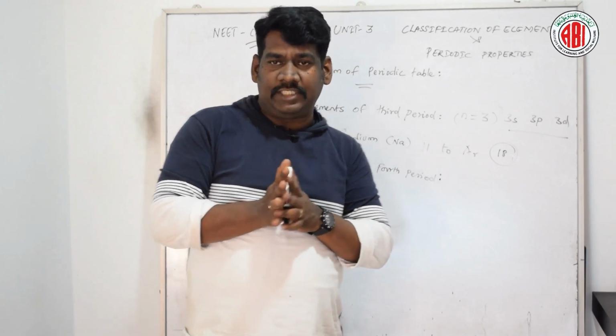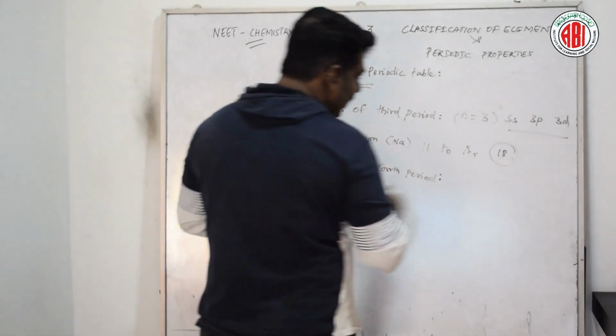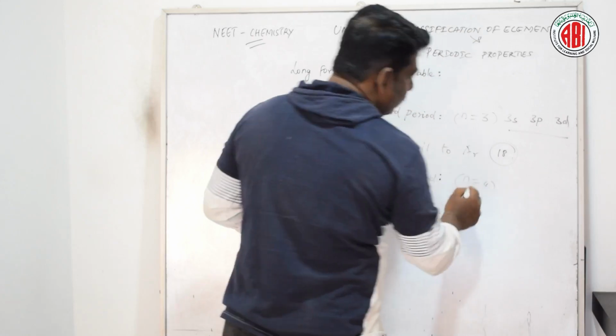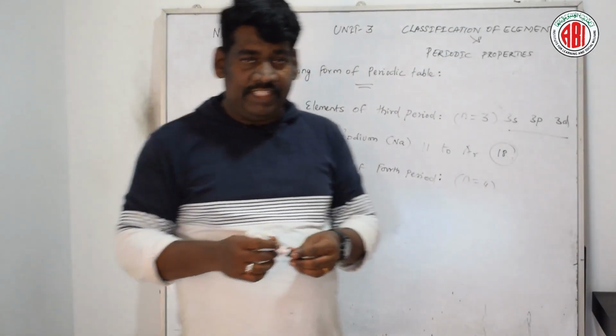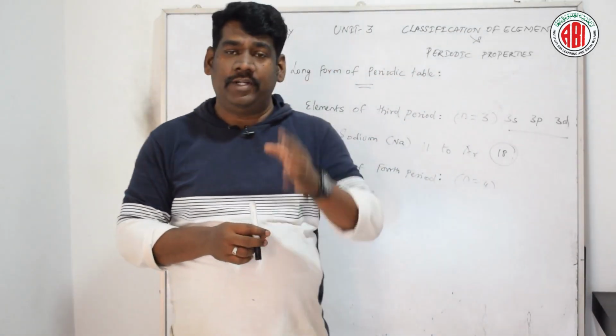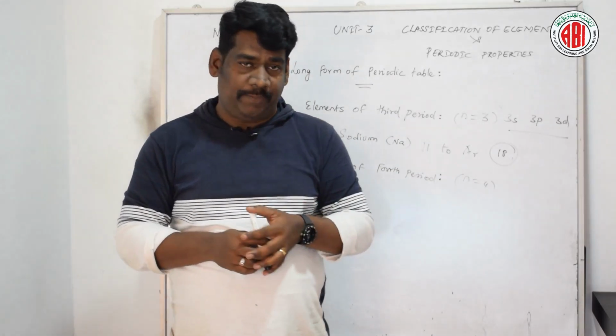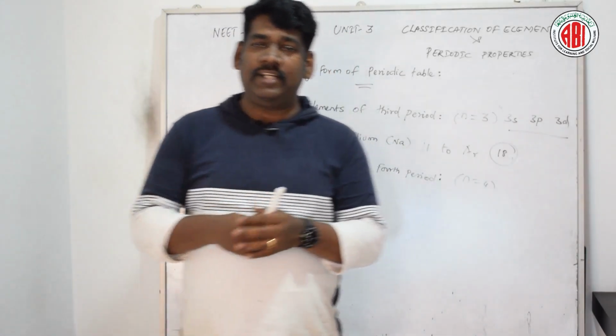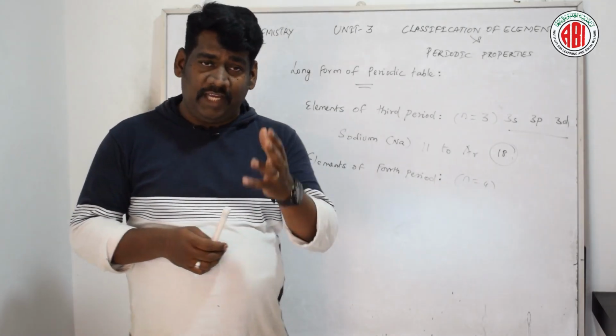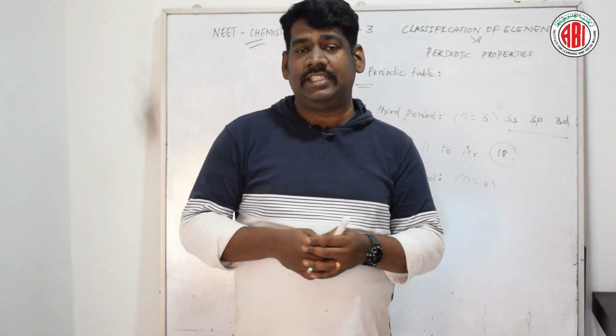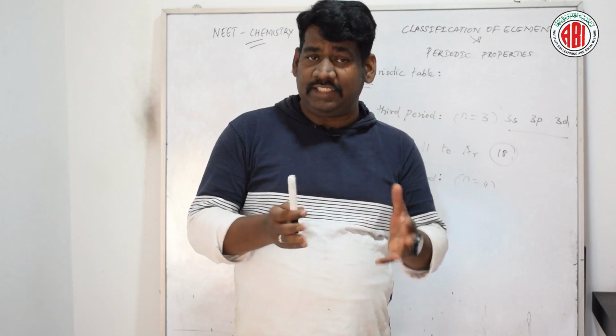The fourth period corresponds to the n value, that is n equal to 4, which involves the filling of one 4s and three 4p orbitals. In between these 4s and 4p orbitals, five 3d orbitals are filled, which have energies in between these orbitals.